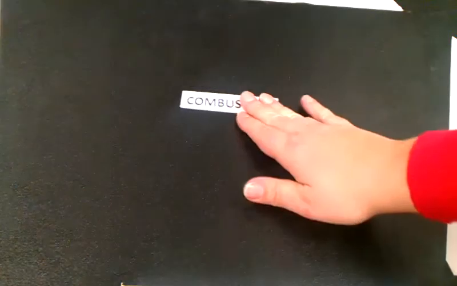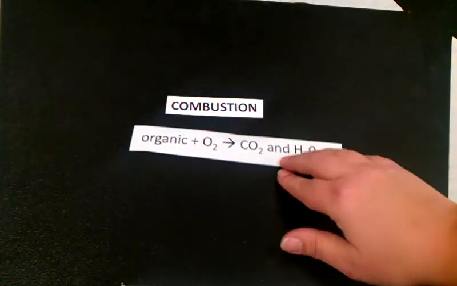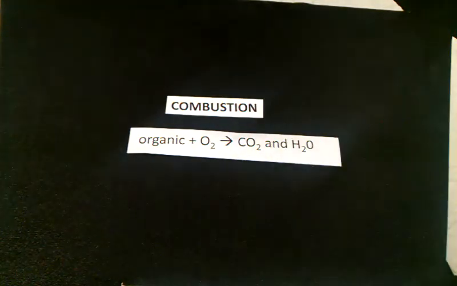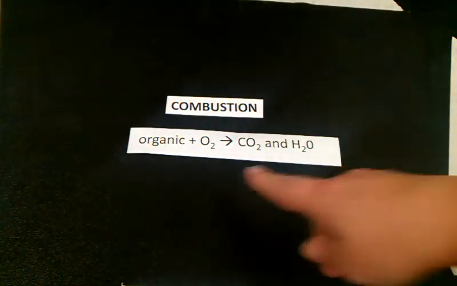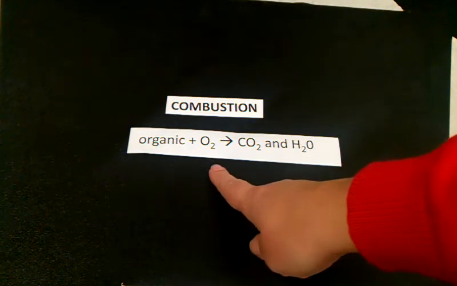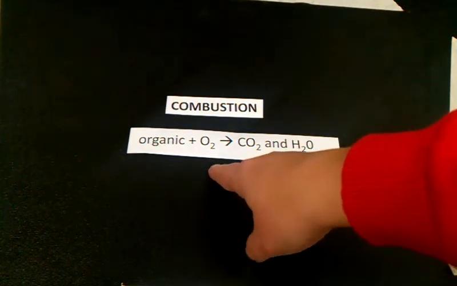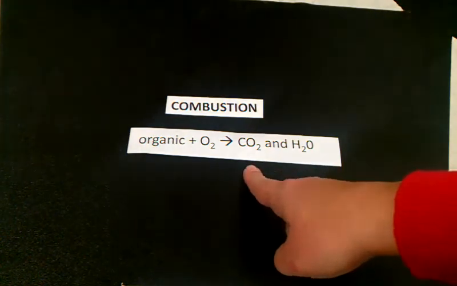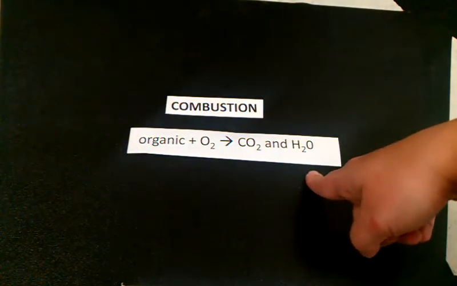I'm going to start with some organic something. Remember, organic means it has carbon in it. That's all it means. And it reacts with oxygen to produce a lot of heat and light, to produce fire, basically. And the products are carbon dioxide and water.